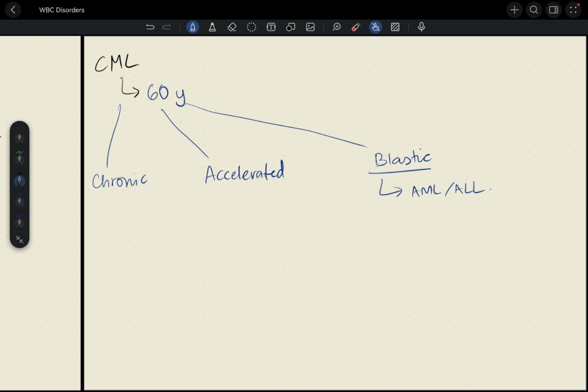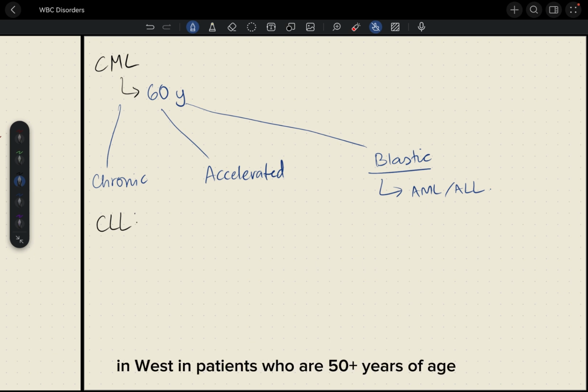So the clue for CML is extreme leukocytosis. And we manage CML in the emergency department with hydration, leukapheresis, and allopurinol. On the other hand, we have CLL, which is the most common leukemia in patients who are 50 plus years of age. And with increasing age, there is an increased risk of developing CLL. These patients come with lymphadenopathy, which can be so bulky to the point that it can cause airway obstruction or renal obstruction.